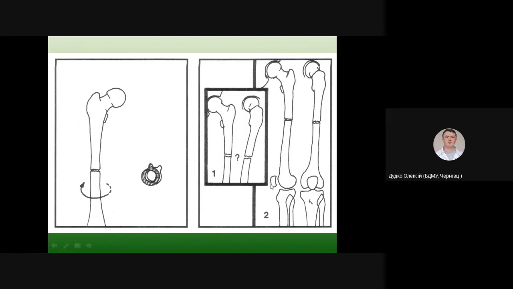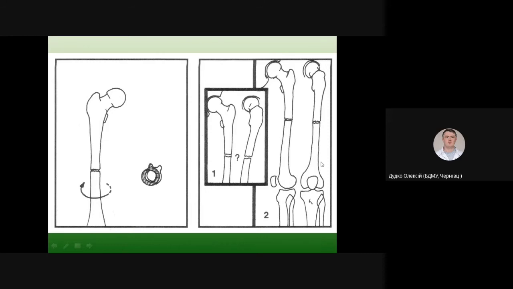Here we have about 90-degree internal rotation of the distal fragment. But if you have short X-rays like that, you can't determine that. So actually you need an X-ray from one joint to the other joint. Then you can diagnose the rotational displacement.